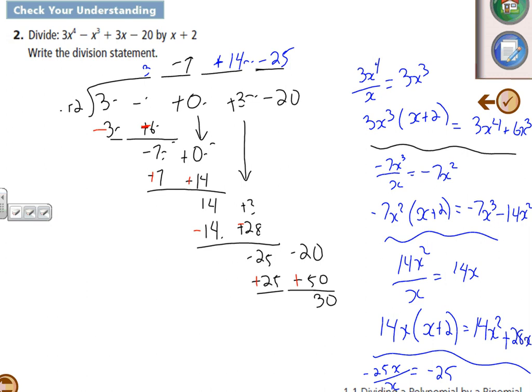If you notice as well, when I go through, the 3 and the 3 are going to be the same. The 7 and the 7 are the same. 14 and the 14 are the same. 25 and the 25 are the same. Well, why keep writing it again and again?